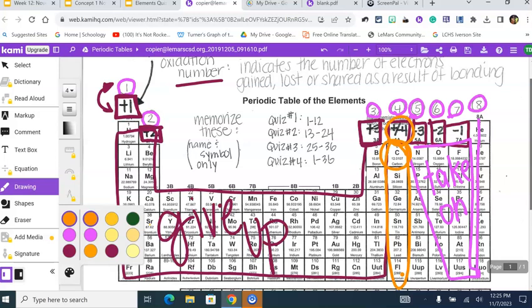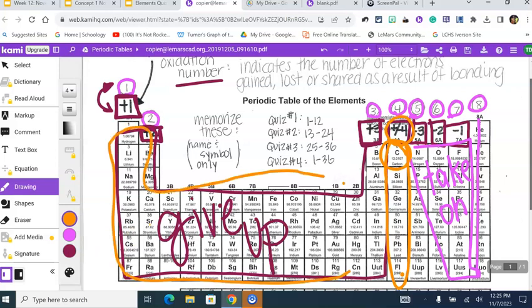Yes. Okay? So when you look at the periodic table, now not only are they telling you how many valence electrons, but they're also saying if it's going to give up, it gives up electrons, which means all of these guys here are going to also have cations. Because once they give up an electron, they now have more protons than what they started with.